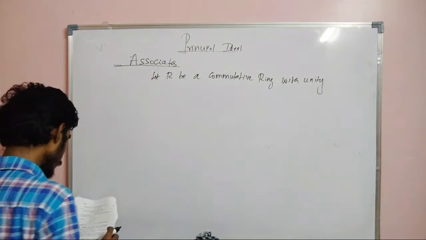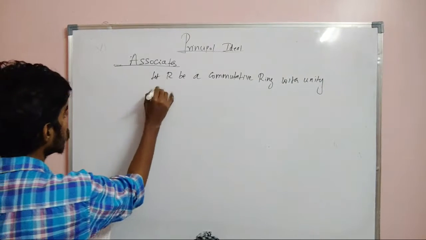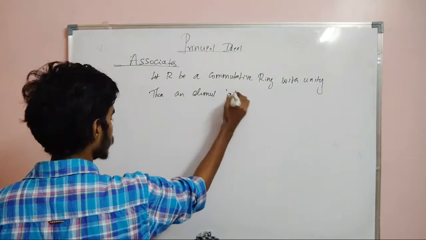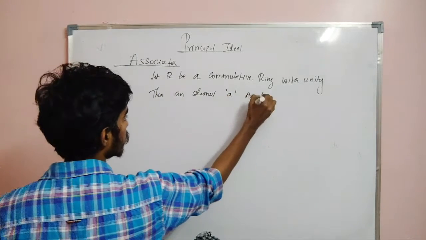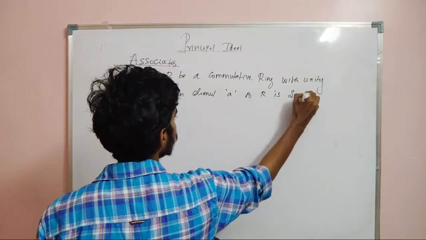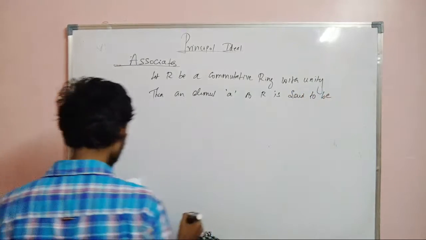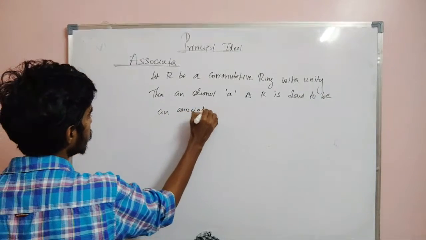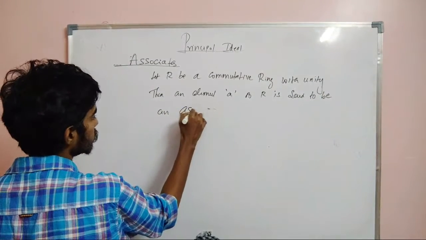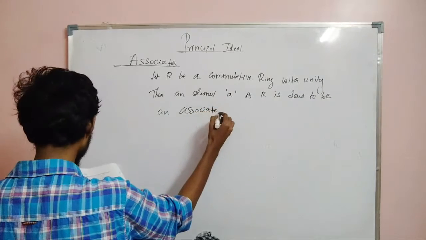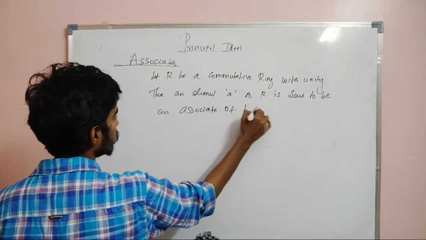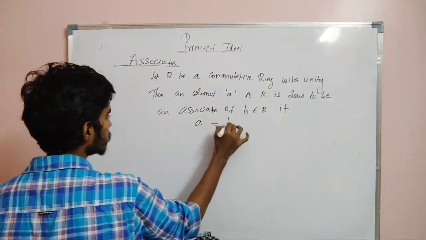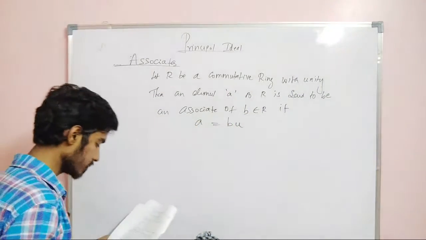An element a of R is said to be an associate of b, which is in R, if this a can be written as some multiple of b. a can be some multiple of u.